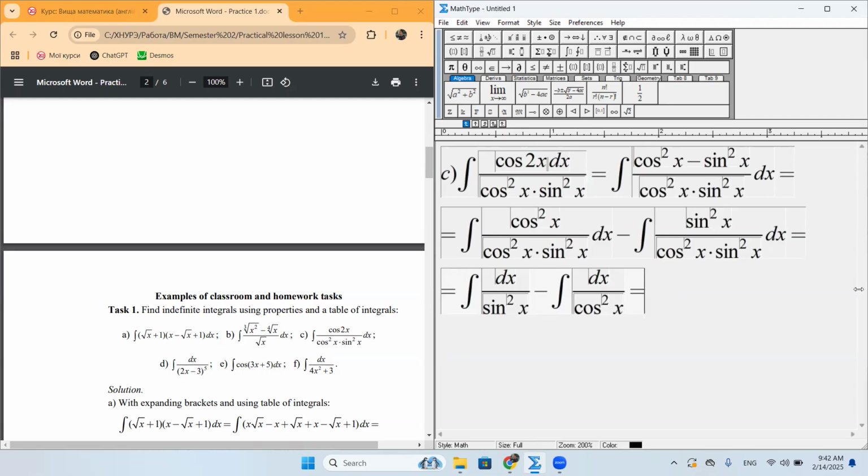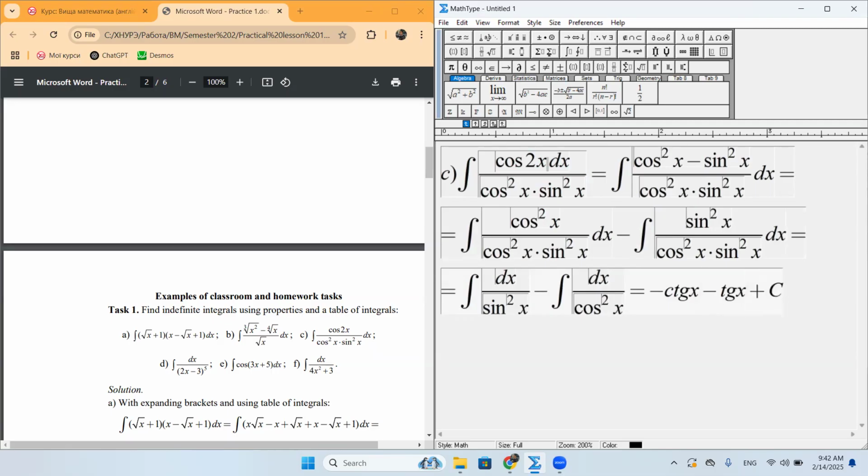So this integral, if we integrate this expression, we will receive minus cotangent of x. And this, if we integrate this expression, we will receive tangent of x. But remember about the minus before the integral.